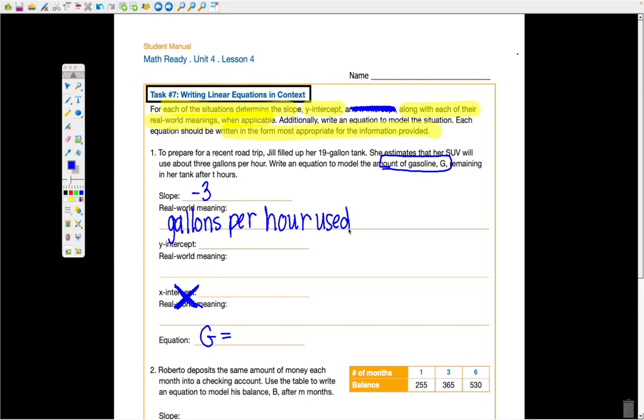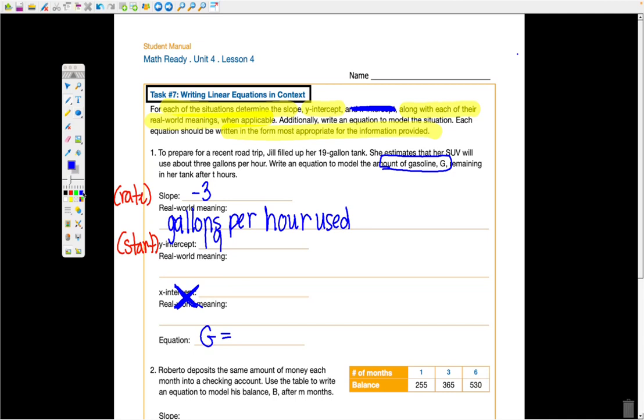The y-intercept, again, this is where I start. It's my starting point. Yes, it's 19. And what does that represent? Say again? The full tank. Yes, I love it. Who said full tank? Okay, it represents the full tank. It represents how much she put in the tank.